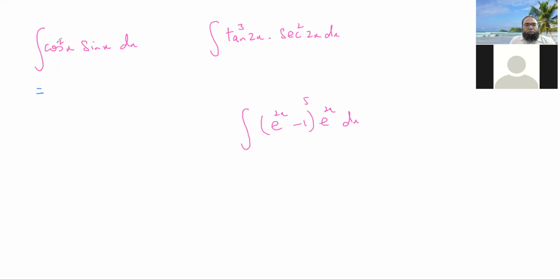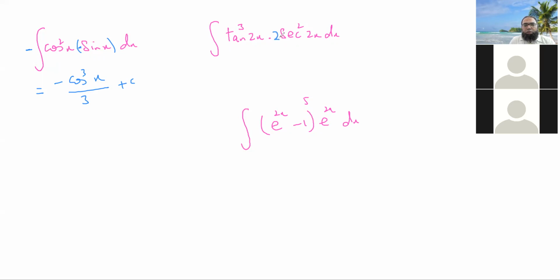Now cos has got a power on it, its derivative is minus sine x. So you put a minus here. So this is going to be minus cos cube x over 3 plus c. Look at this. Tan 2x has got a power on it. So what is the derivative of tan 2x? That is 2 secant square 2x.